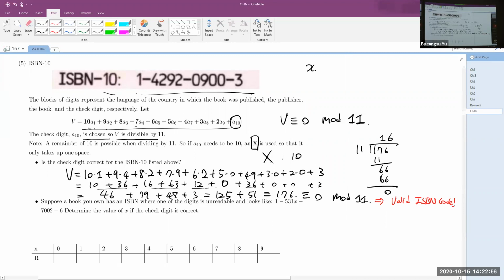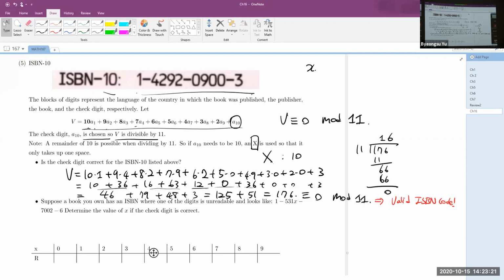Does it make sense? Do you have any other questions? Yes, 0 can be the last number. What I mean is that if you divide V by 11, the remainder should be 0.